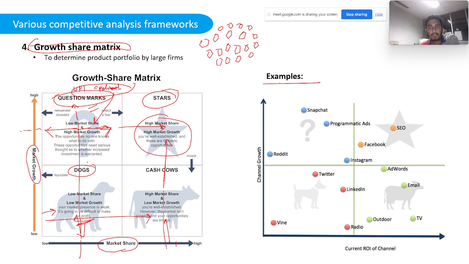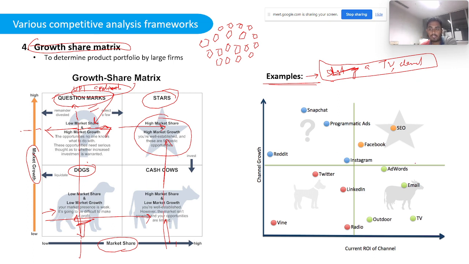Now here's an example of how we can use growth share matrix for various products already available. Now imagine you want to start a TV channel or some channel which is a media basically, and you want to report events, and this is your business.